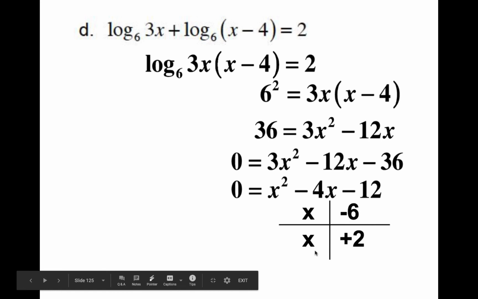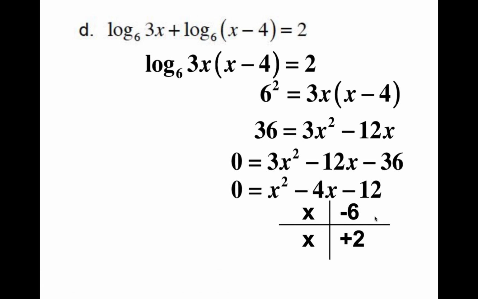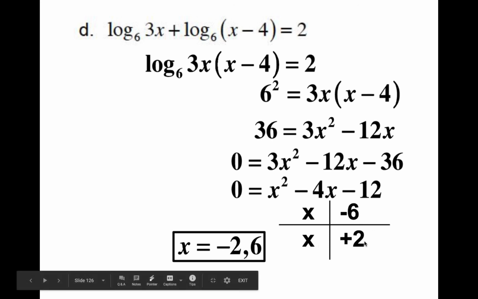So you get a negative 6x plus 2x. Notice that gives you your middle term. So each of these factors equal to 0. You're going to get a positive 6 and a negative 2. But you can't take the log of a negative number, so this one needs to be crossed off because it would make you be taking the log of a negative number.